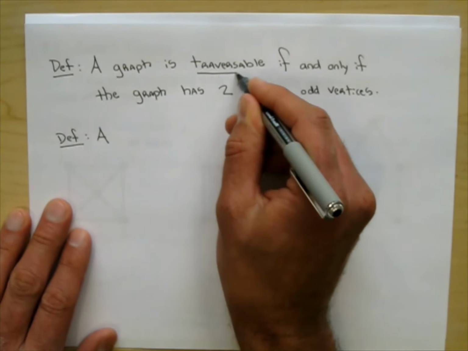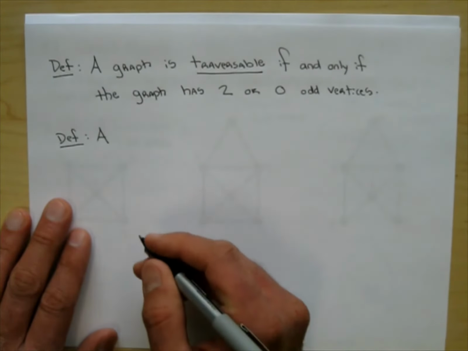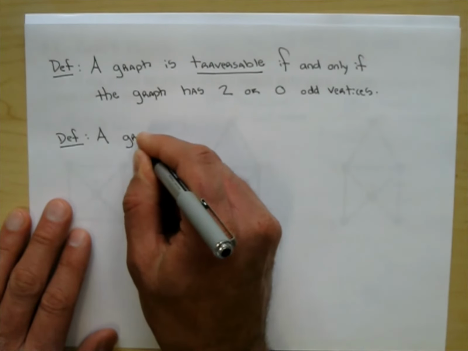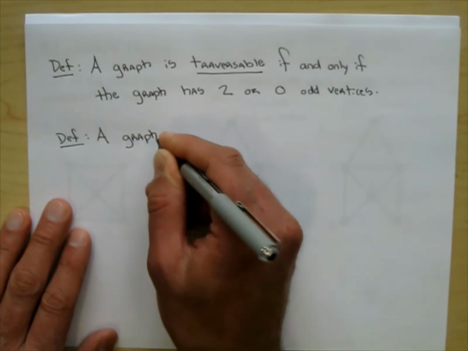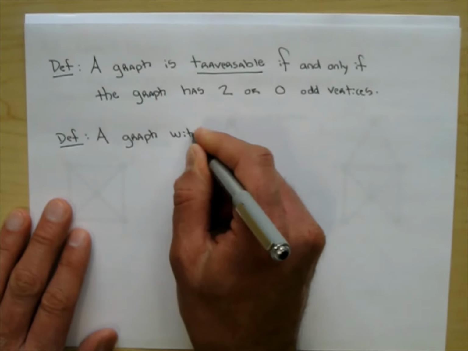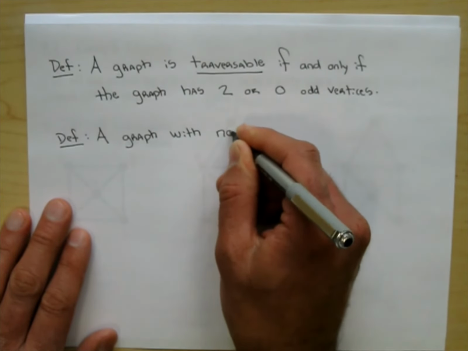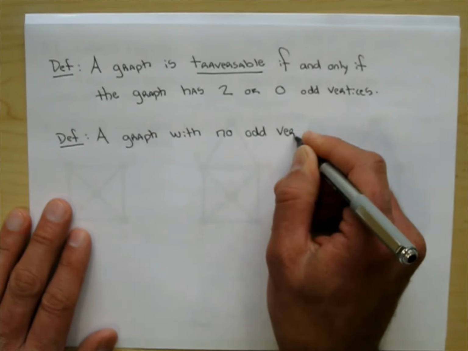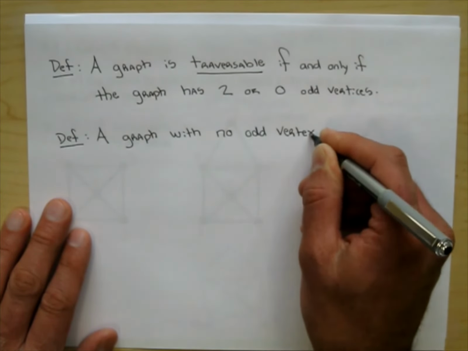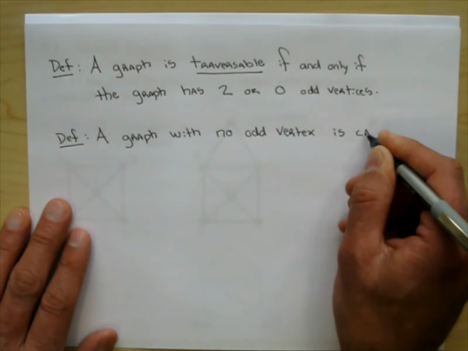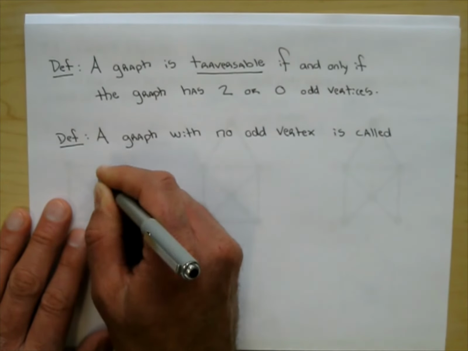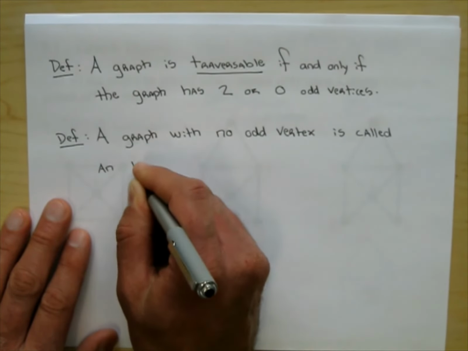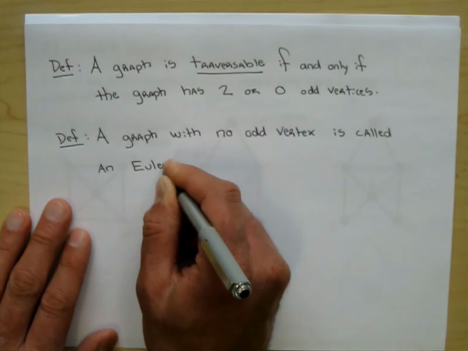A graph with no odd vertex is called, and I'm just going to write it down here.